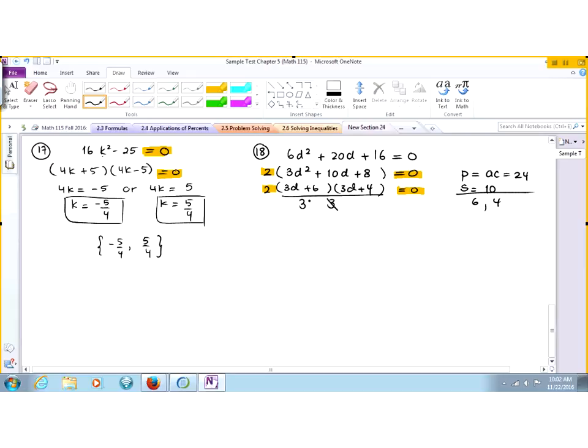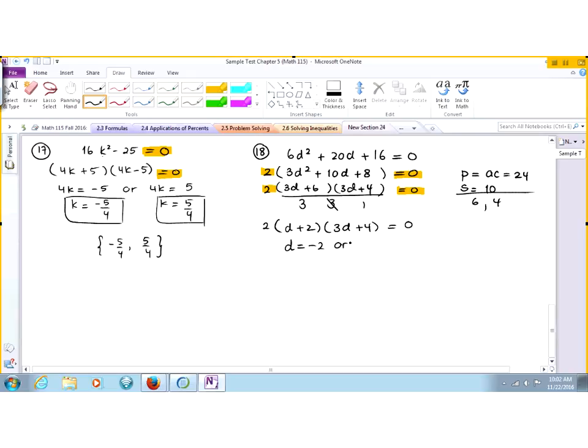So my 3 is split into what? 3 times 1? Okay, so 2 times, what is this? D plus 2 times 3D plus 4 equals 0. So what is this?